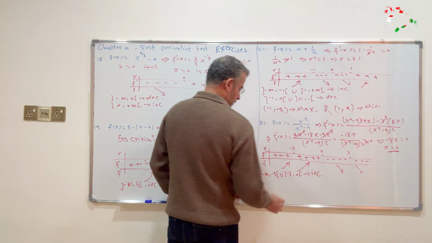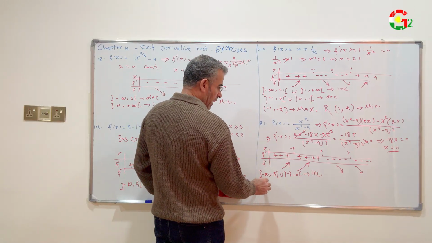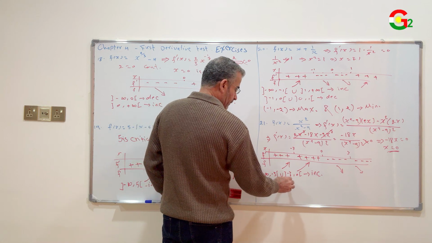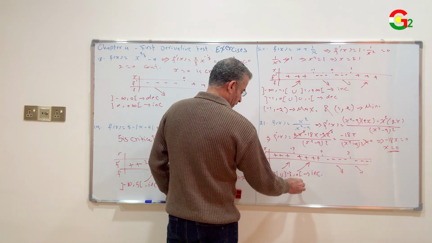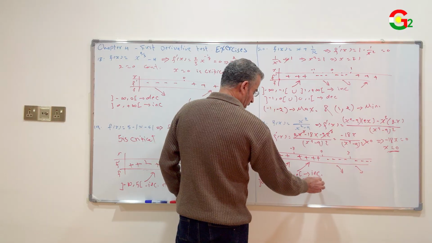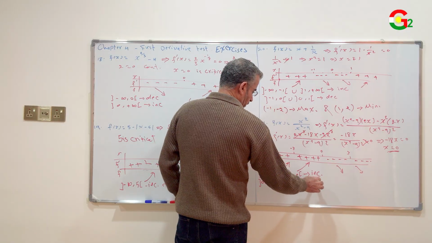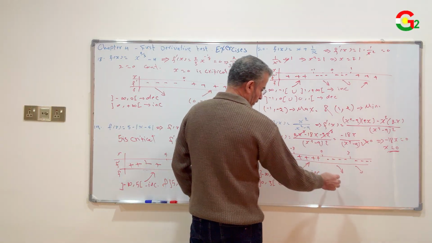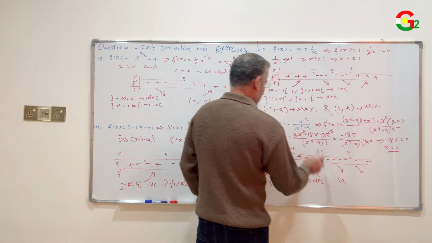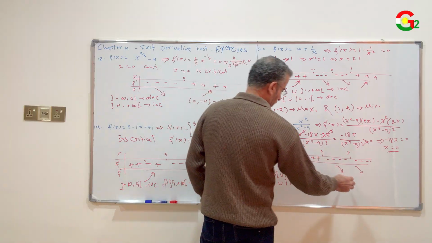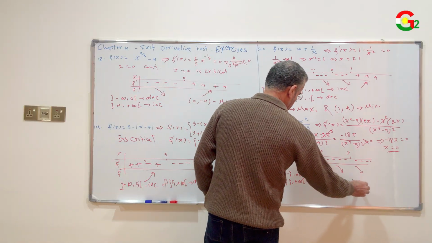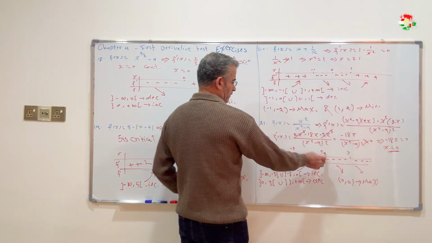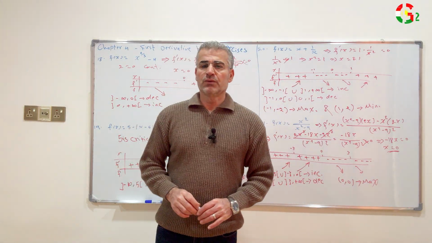And from 0 to 3, union 3 to positive infinity are the intervals of decreasing. The only critical point is 0; f of 0 is 0 over negative 9, which is 0. The point (0, 0) is a local maximum point since the function changes from increasing to decreasing.